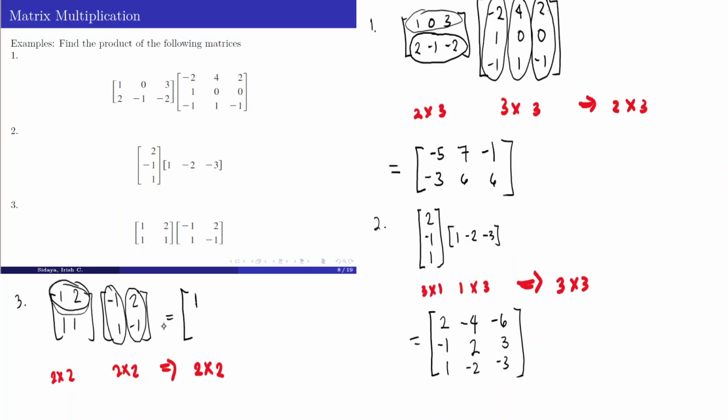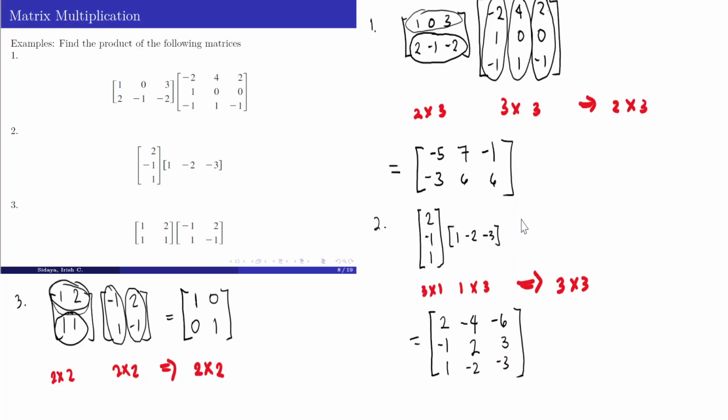So we have 2 and then -2, so that is 0. Then this second row multiplied to this first column, so that's -1 and 1, so that's 0. Then again, this multiplied by this one. The 1 times 2, that's 2, and then plus -1, so that's 1. So the result is this matrix.